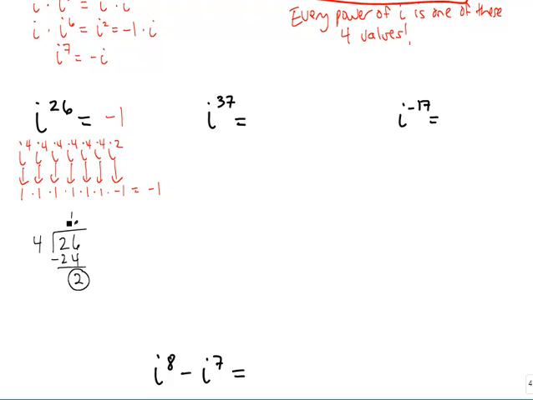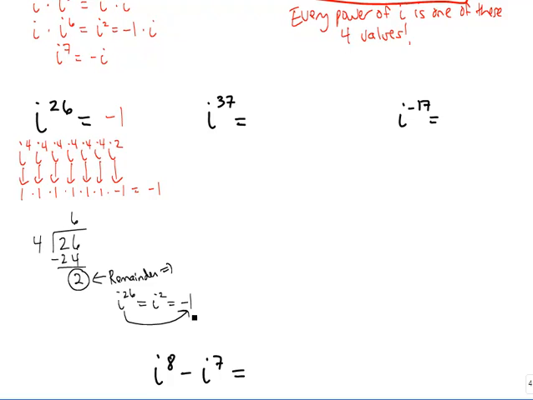I don't really care how many times 4 goes into 26. All I care about is the remainder, because that's the one that's going to determine my answer. So this remainder determines the fact that i to the 26th will be the same as i squared. And since i squared is negative 1, i to the 26th must be negative 1 as well.